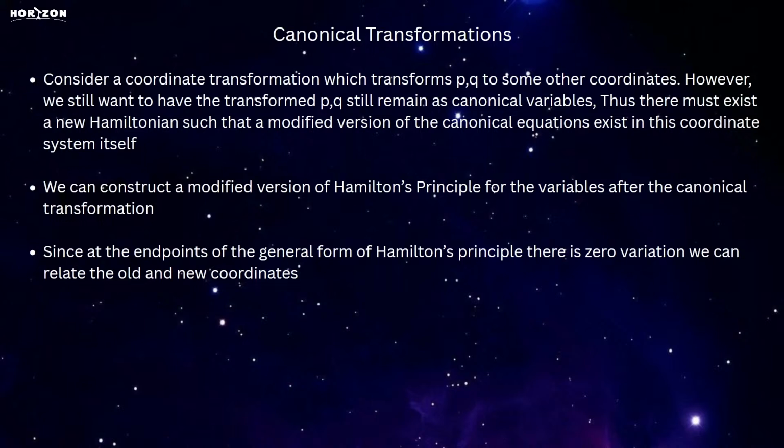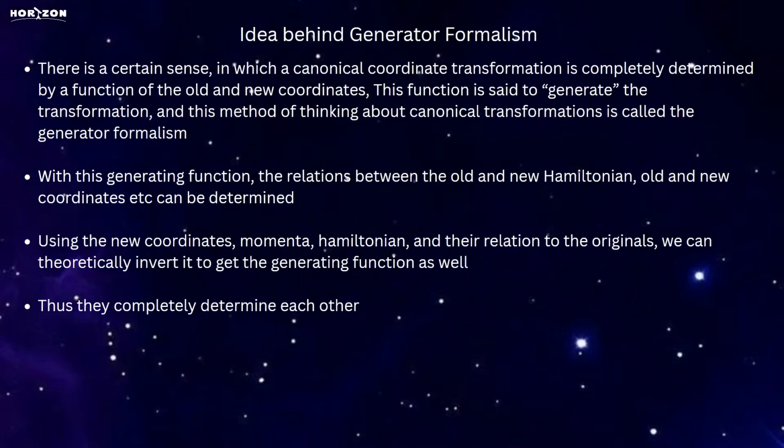These are the equations which we earlier saw, the first order differential equations. Their form must be preserved during a coordinate transformation for the transformation to be canonical. So we can also construct a varied Hamiltonian which is valid in this coordinate system.